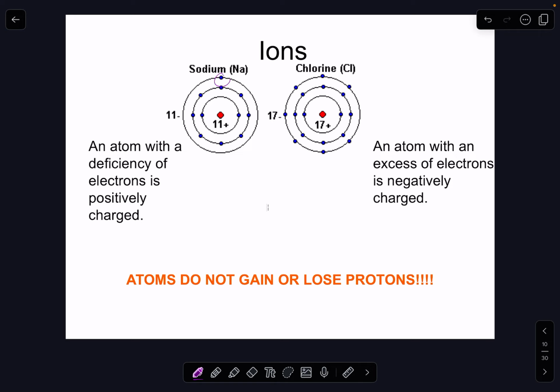Okay, our sodium here is going to lose an electron to become positive. Our chlorine's going to gain that electron and become negative, and then that positive and negative attract each other, and that's how you get that chemical bond. Don't worry, we're not doing compounds in here. It's just a reference point for those of you who have done this. If you don't know what I'm talking about right now, it's okay.